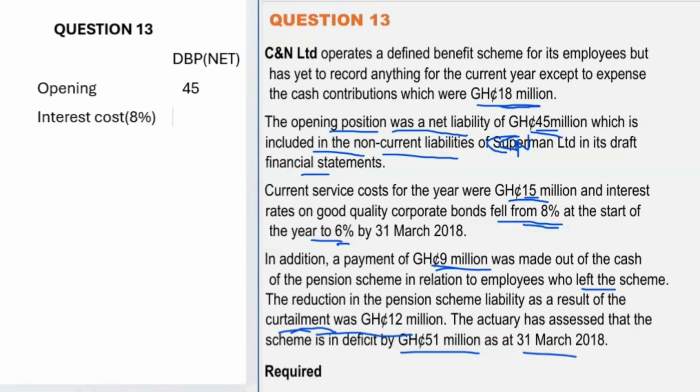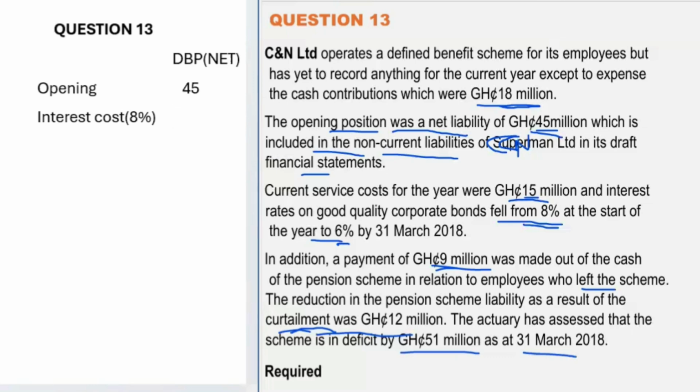We normally apply the interest rate on the opening balance, except in cases where payments are made not at the end of the period, but either at the beginning or midway. In that case, such payments will also attract interest.